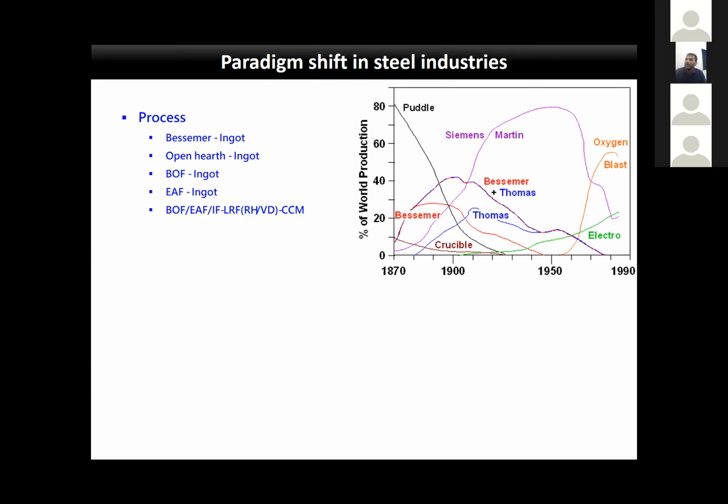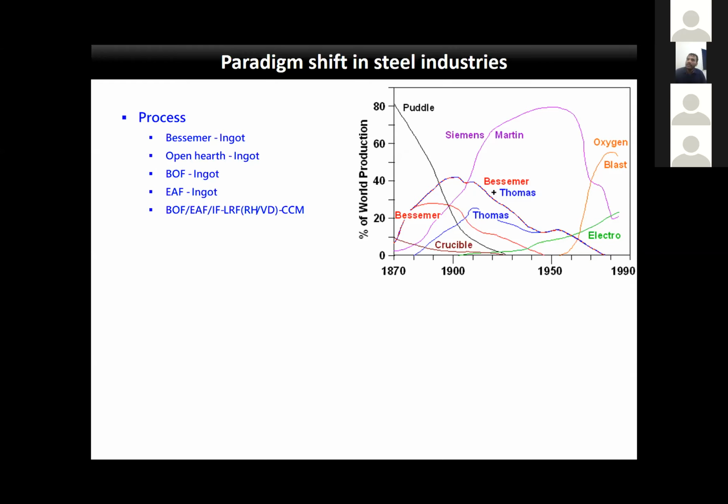And there is also the electric arc furnace, which was developed in parallel, which takes scrap as an input, and from that we produce alloy steels and several families of steels. Now the steel industries are operating with the route BOF, LF, vacuum degassing and continuous casting.